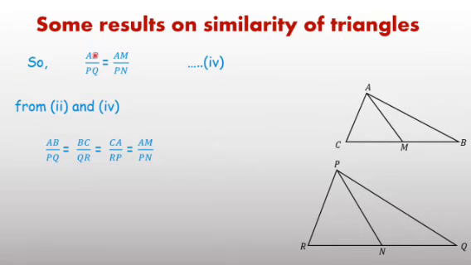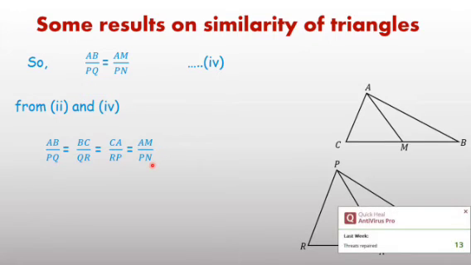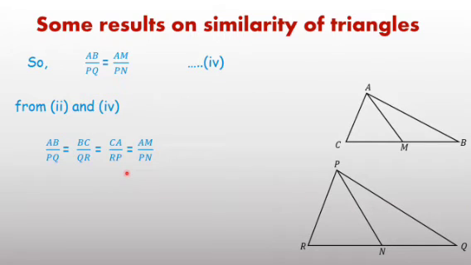In fourth, AB upon PQ is AM upon PM, and that is the result. In this pattern, first important result which we are going to cover here: whenever two triangles are similar, then ratio of corresponding sides is same as ratio of corresponding medians.